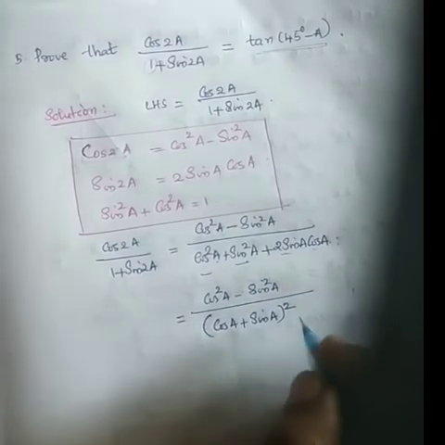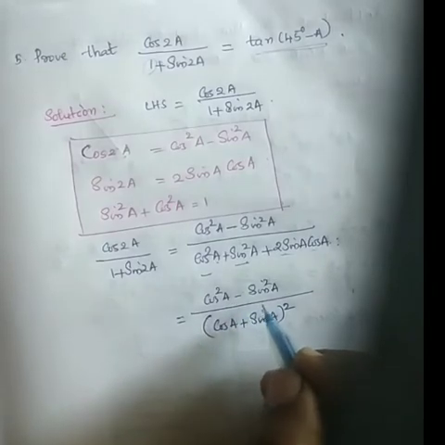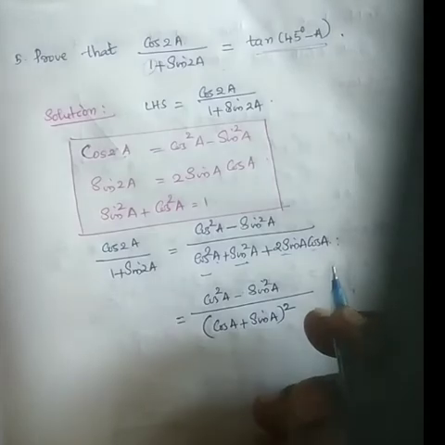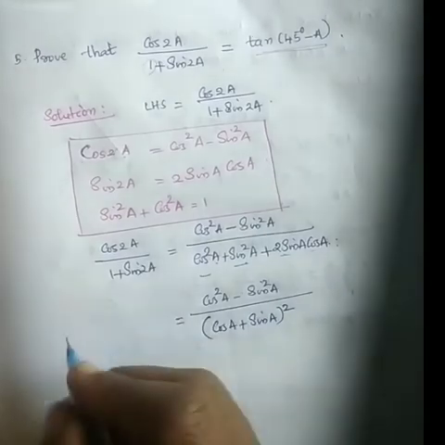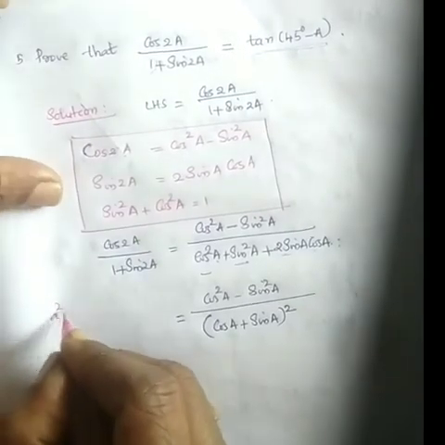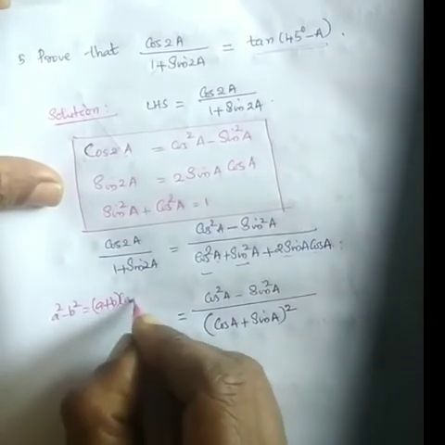Okay. Then you also see the numerator is a square minus b square form. Again, we can rewrite it as a plus b into a minus b form. A square minus b square is equal to a plus b into a minus b.